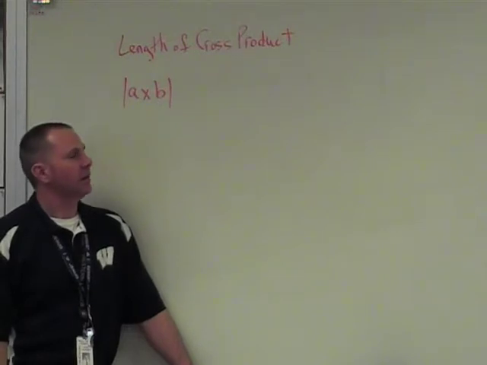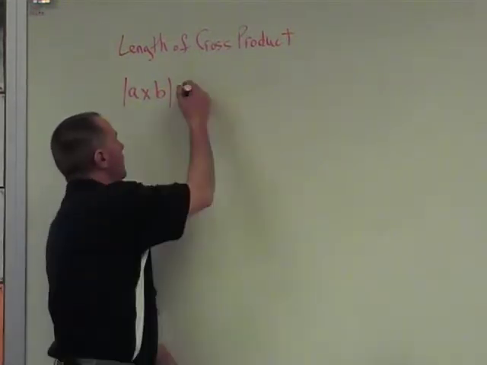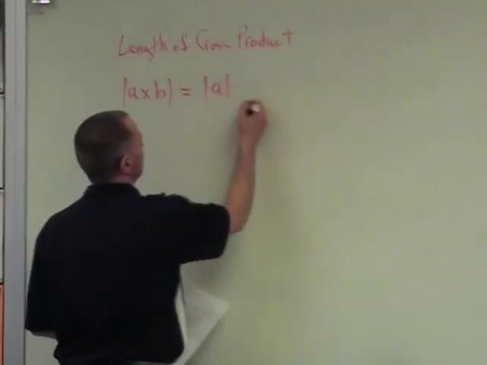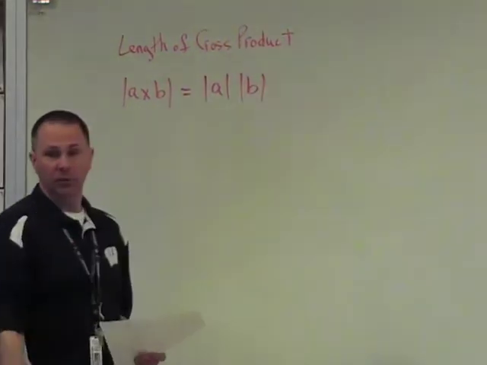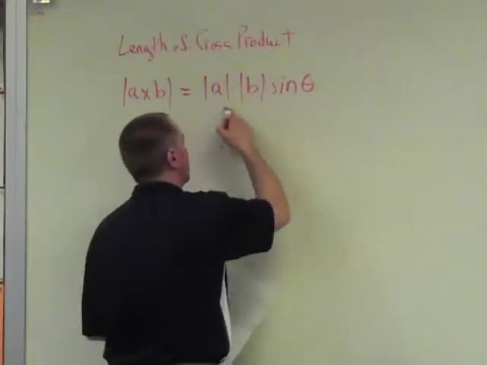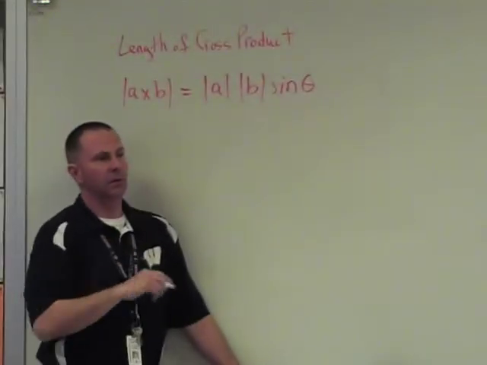Now, here's what you really need. Sometimes you're given the magnitude of A and the magnitude of B, and you're given the angle in between them. If you multiply the magnitudes together and multiply by the sine of the angle, then you're going to get the length of that orthogonal vector.